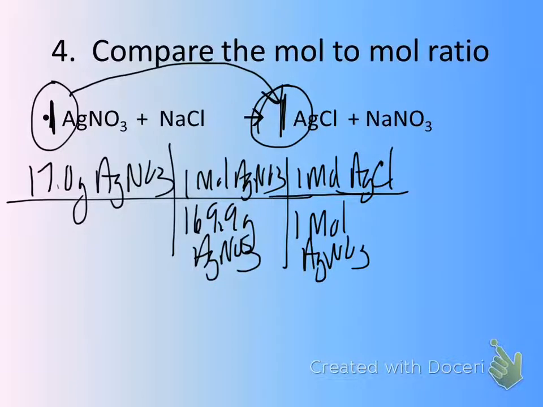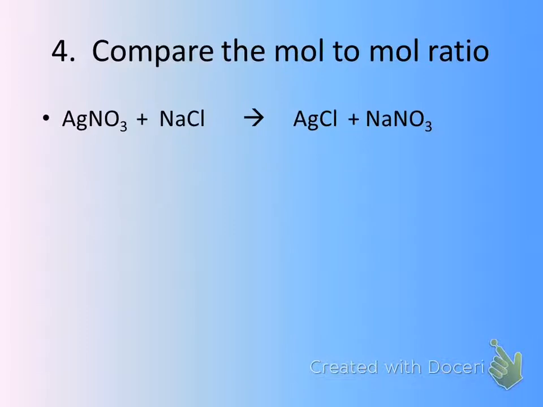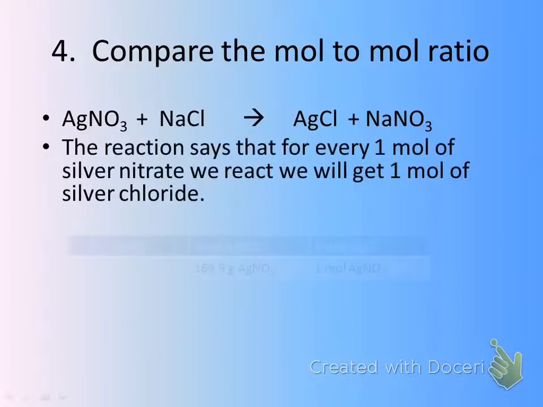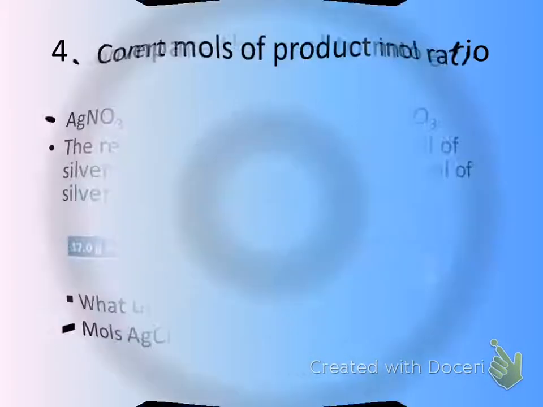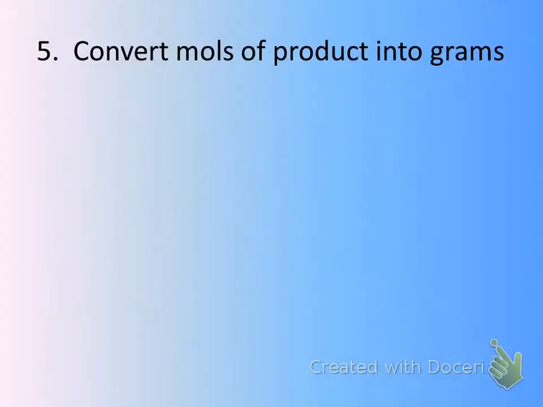Now, if we stopped here, we'd be in moles of silver chloride. But the question is asking us not for moles of silver chloride, it's asking us for grams. So stopping here, we'd be in moles of silver chloride. We want to convert those moles of silver chloride into grams. So that means we have to take it one more step.